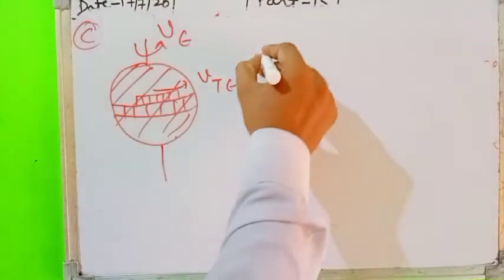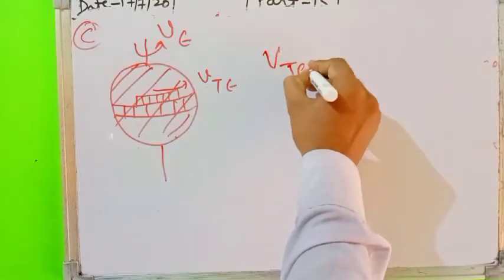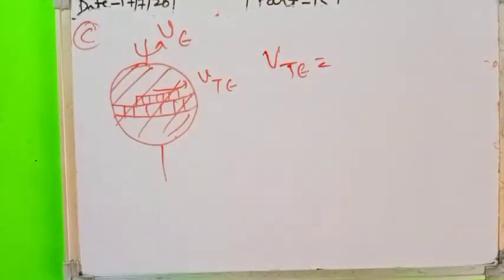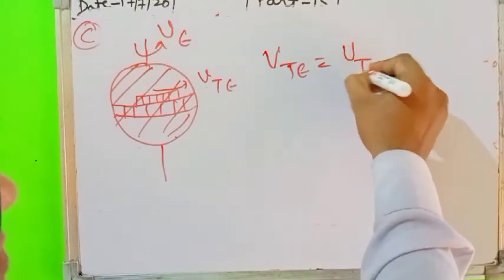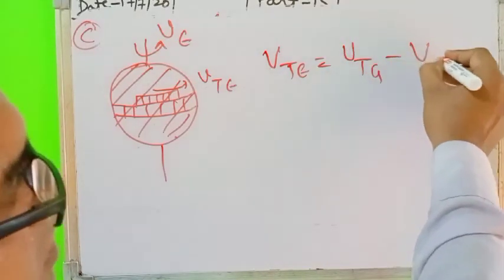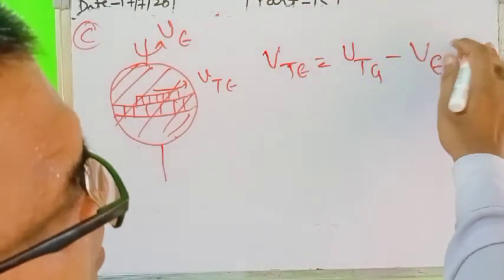So VTE, velocity of train with respect to earth. Since the train has the velocity in the same direction as the rotation of the earth, it can be written as velocity of train with respect to ground minus velocity of earth.